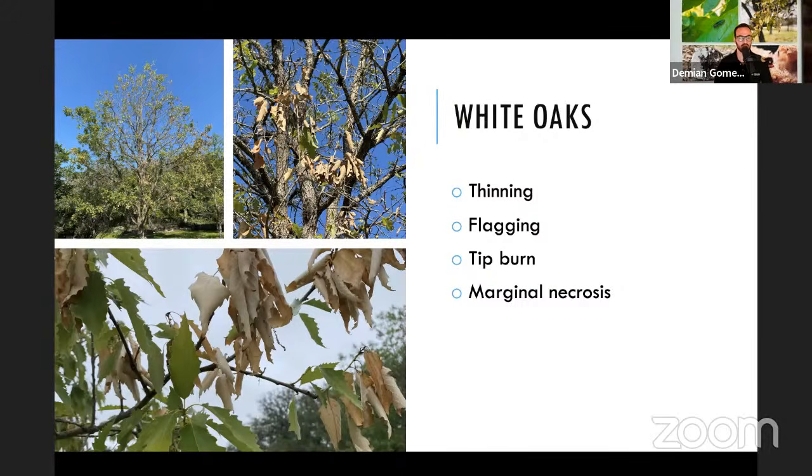We see some tip burn, maybe some marginal necrosis on those leaves. You can see that in some of these pictures of chinkapin and Monterey oaks in central Texas. So this is something typical that we expect to find for white oaks that have been infected with oak wilt.